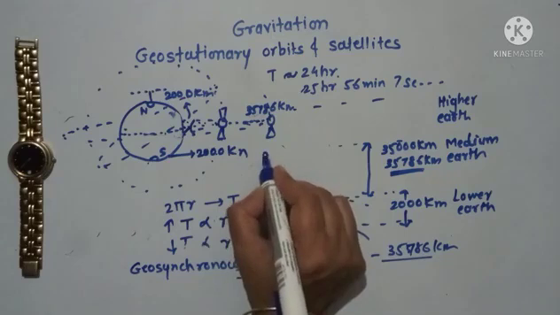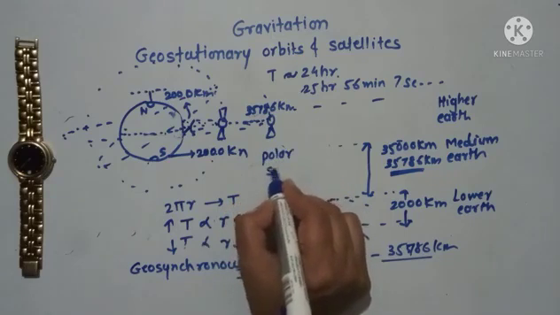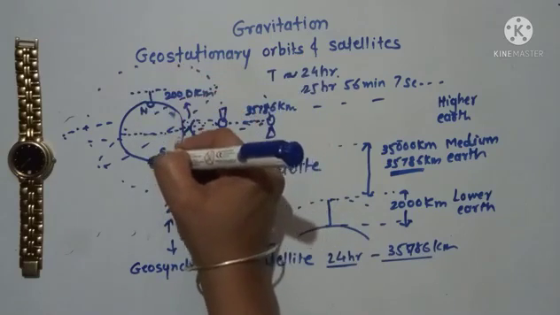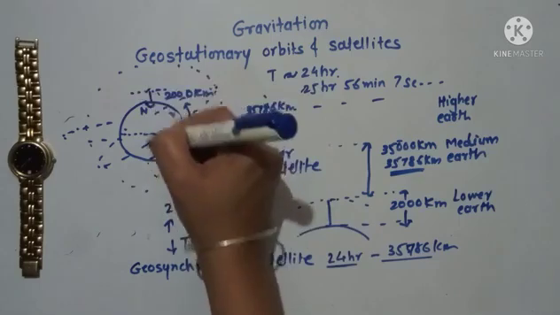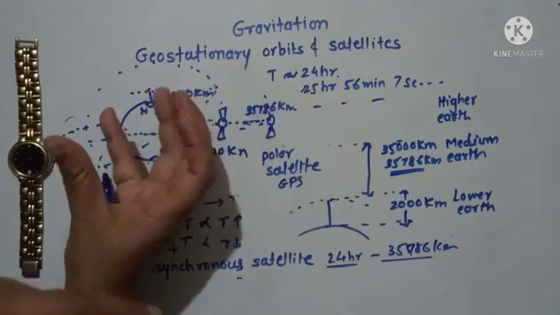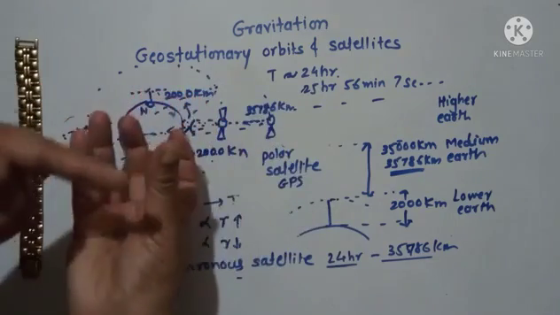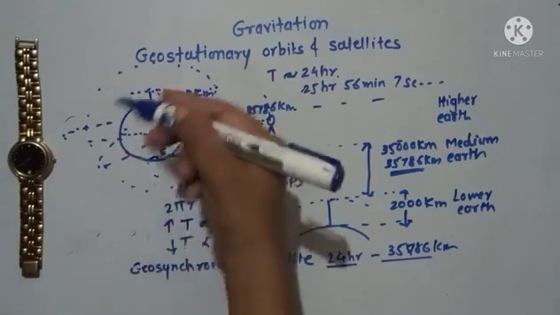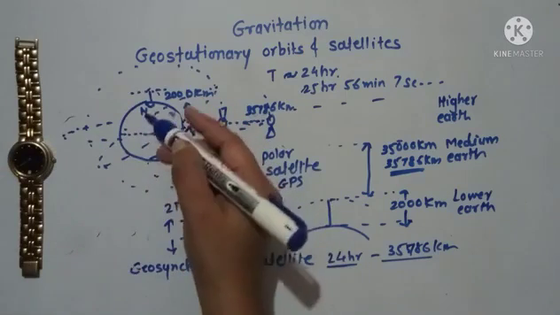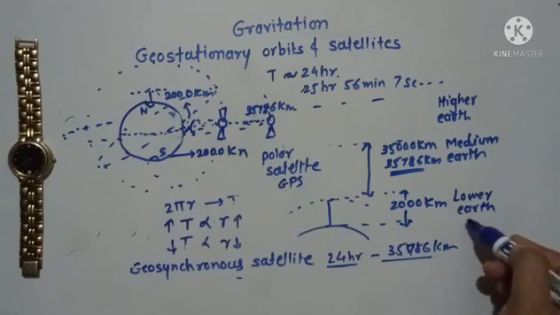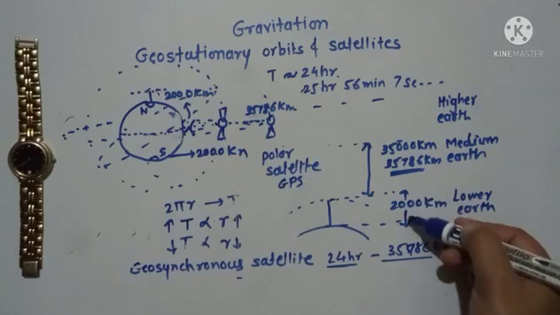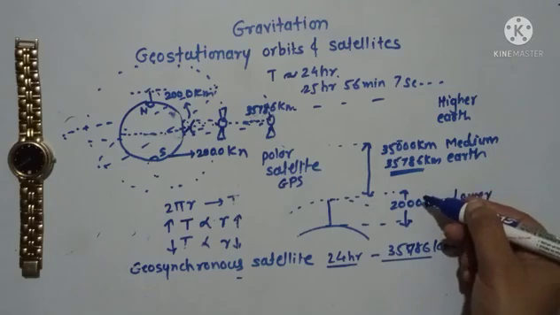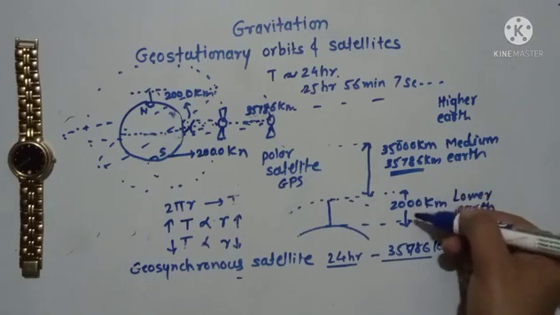Another type is called polar satellites. Polar satellites are moving over the poles. They are moving in the vertical plane. This is the rotation of the earth, and this is the rotation of the polar satellite. So each and every area is covered by that polar satellite, and these polar satellites are present in the lower earth orbit, meaning they revolve at distances lower than 2000 kilometers.